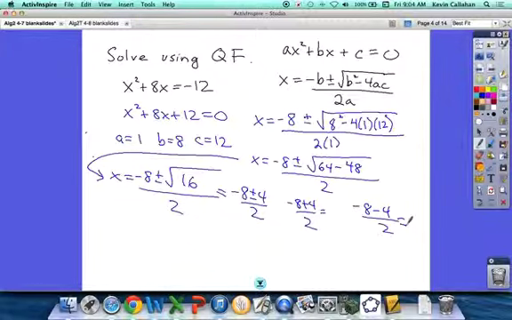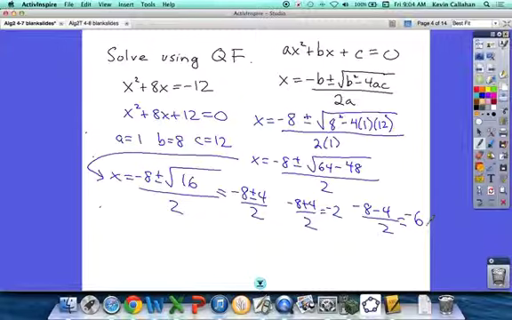Negative 8 plus 4 is negative 4. Negative 4 over 2 is negative 2. Negative 8 minus 4, negative 12. Negative 12 over 2, negative 6.